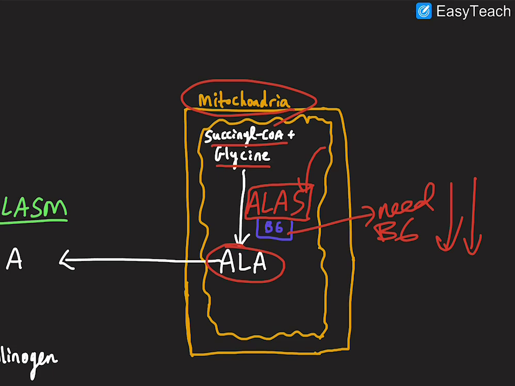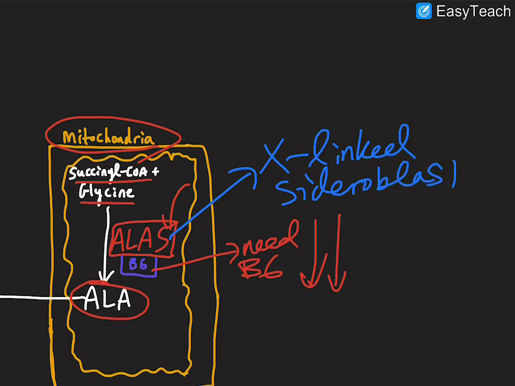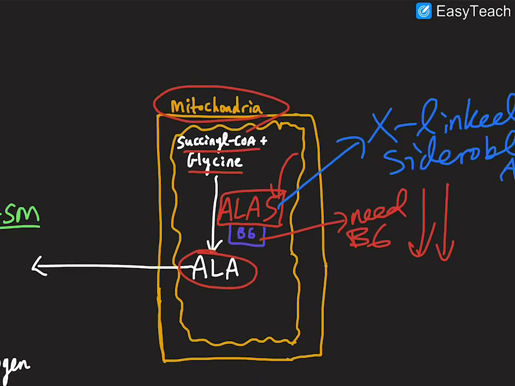Now, in this video, we're going to add in many diseases, in terms of diseases affected by a defect in each enzyme. If ALAS is defective, if aminolevulinic acid synthase does not work, you get X-linked sideroblastic anemia, and we'll talk about sideroblastic anemia in our next video.